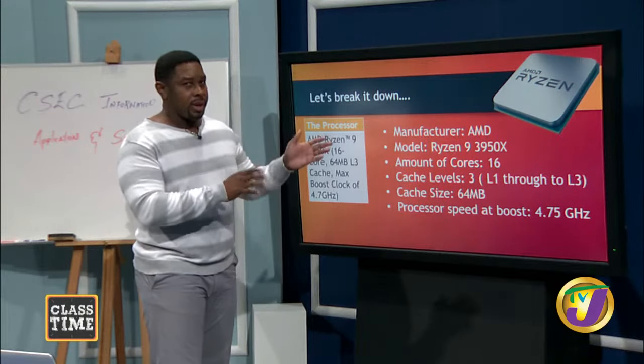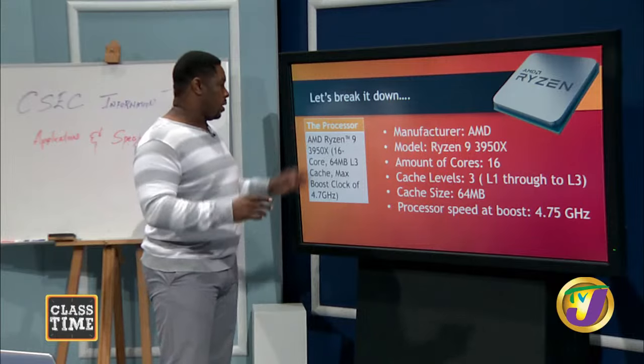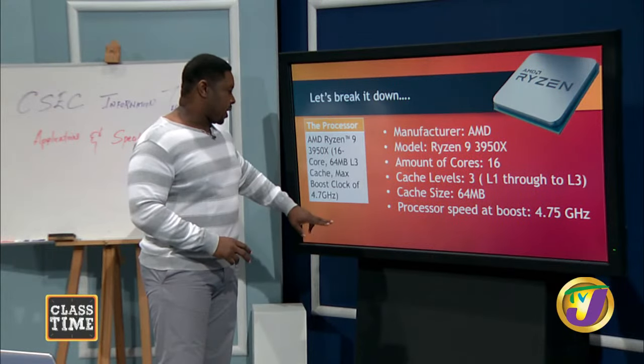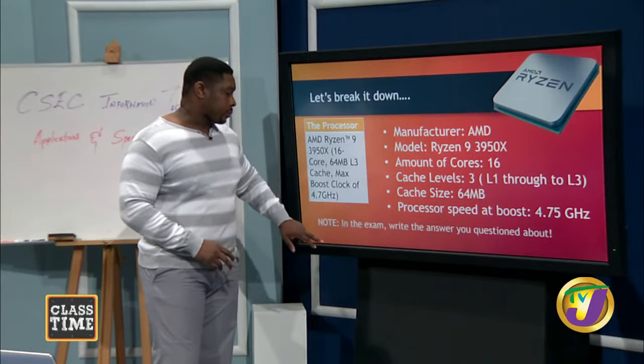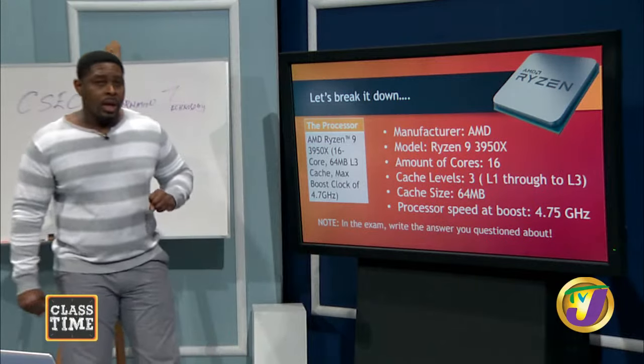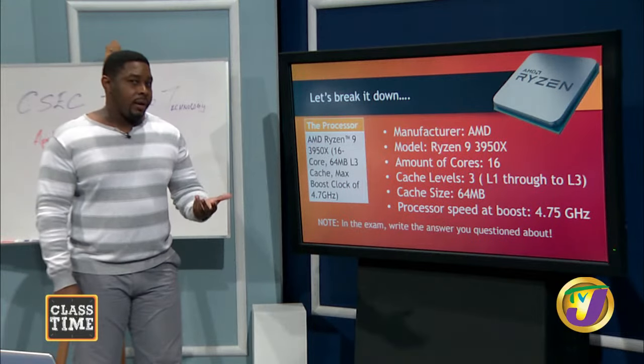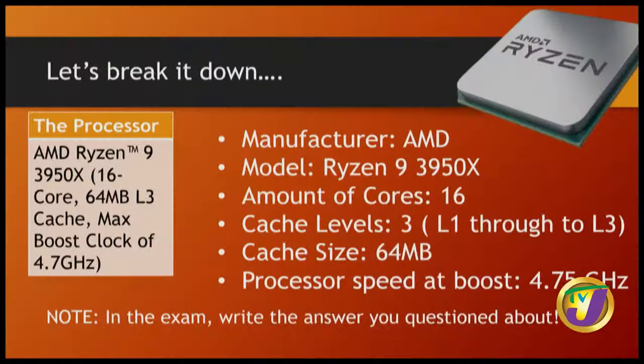I'm not going to go into the math with that because that's another whole physics class altogether. Note, if you get a question in the exam, you need to answer the question as you are asked. The question might ask you how many cores, or what is the model, or who's the manufacturer?